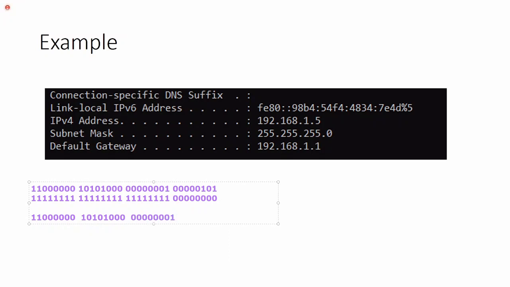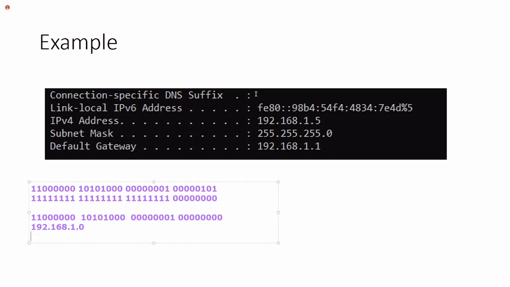Next one, again 0, 0. All are 0 because you don't have ones. So this means 192.168.1.0, right? So this is the network ID.